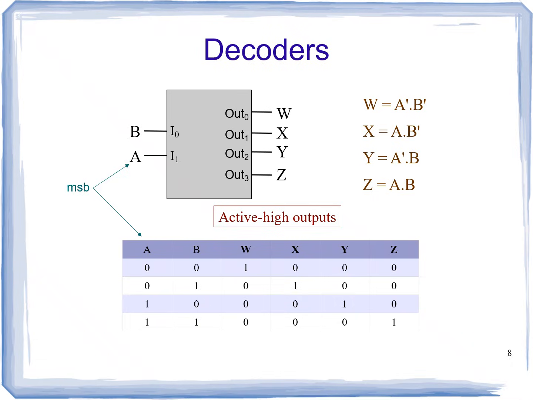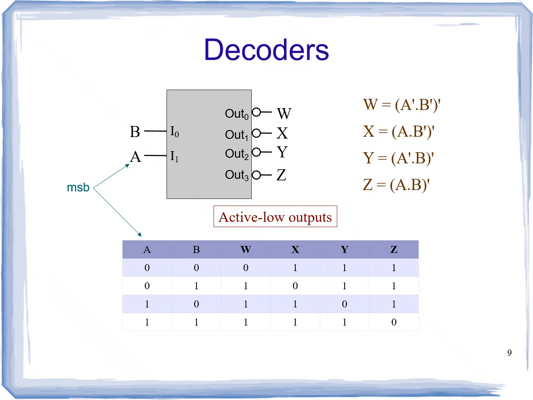If this is for active high, the outputs will be high based on the input value. Otherwise, the output is low based on the input. Here the active low means the corresponding bits will be 0 in the output. Here we have taken n as input and 2 power n as output.